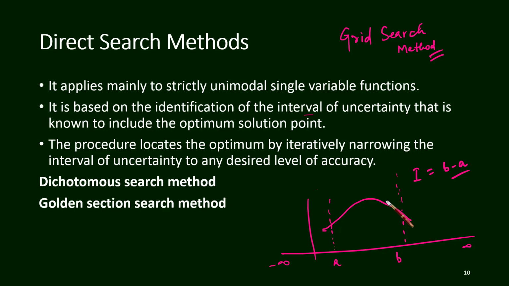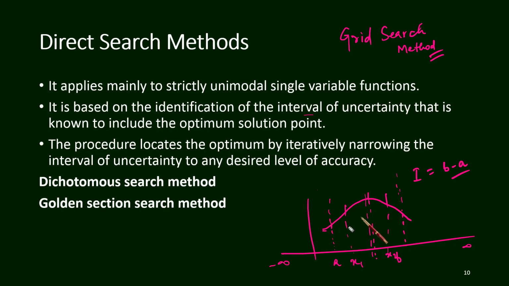Now we do an iterative process, and what we do is reduce this interval a and b. This will shift x1 and x2, and like that it will go on decreasing after every iteration, and ultimately we come to a very small interval in between which we get the maximum value.